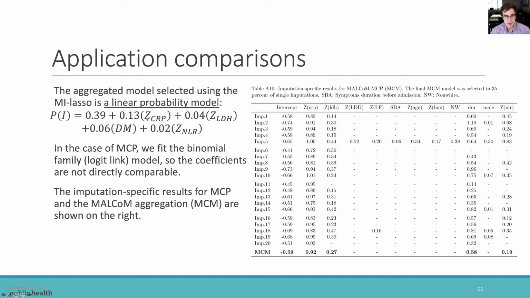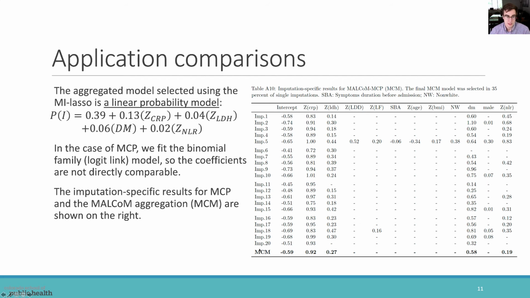And then that gets modified by their CRP value, z-score, their LDH and NLR z-scores, as well as their diabetes status. So in the case of MCP, though, we fit binomial family logit link models, so the coefficients are on the log odds scale and they can't directly be compared to these.